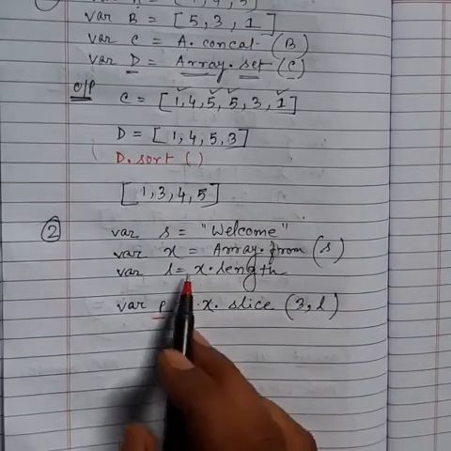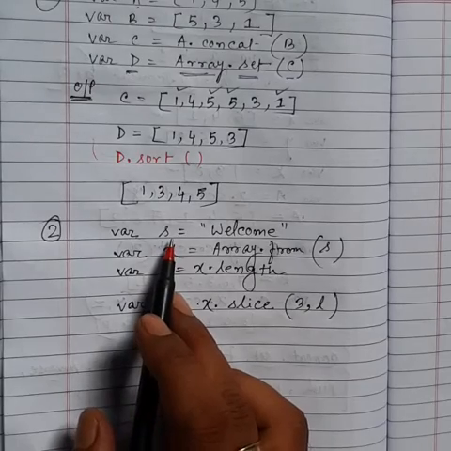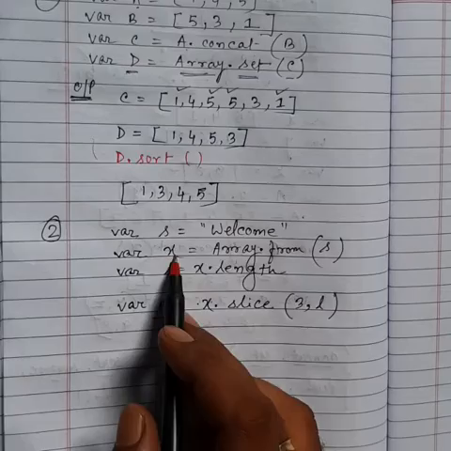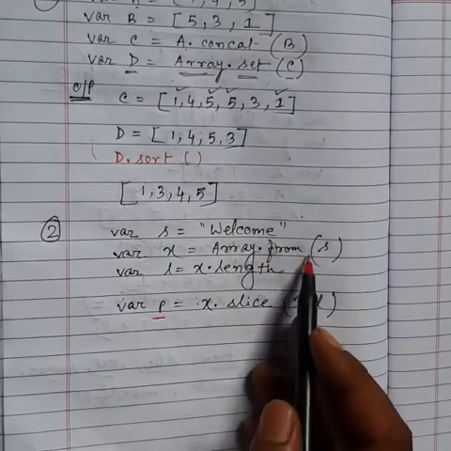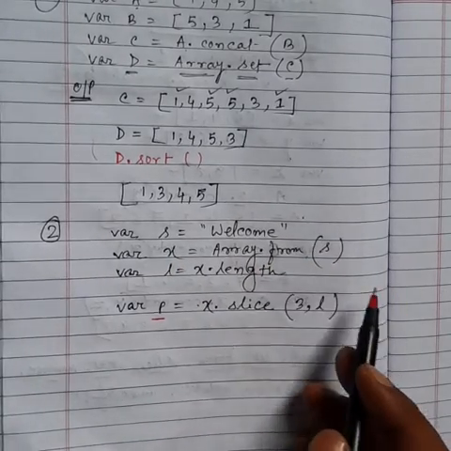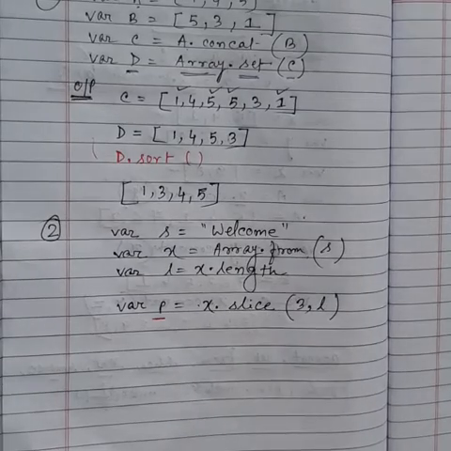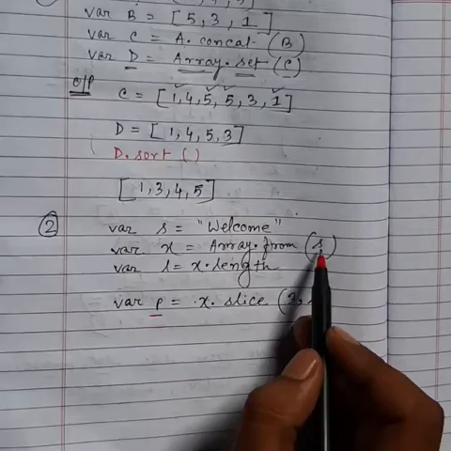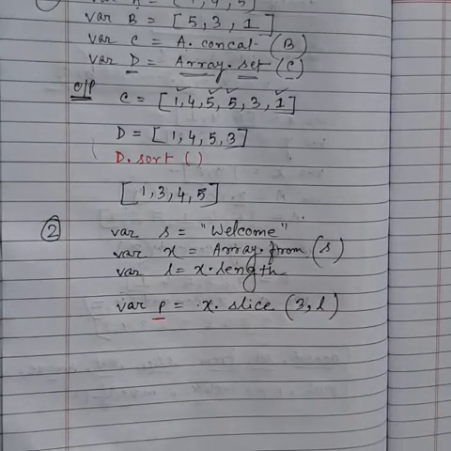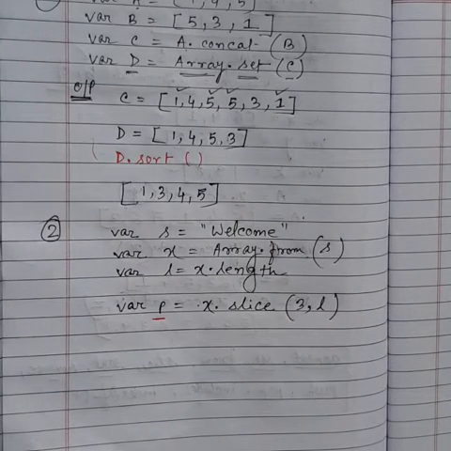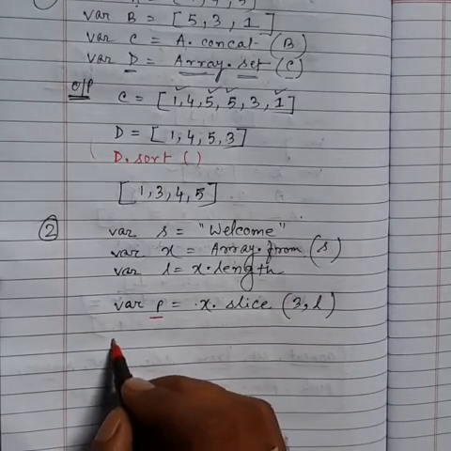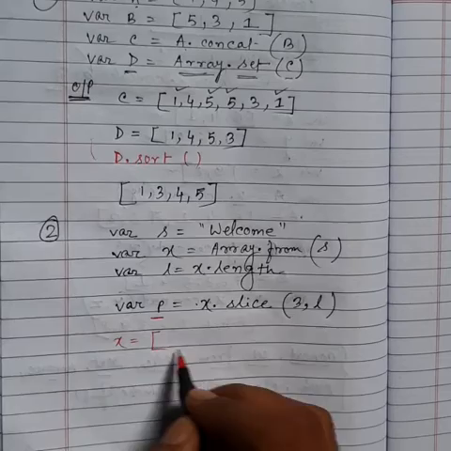At the beginning, the value of s is welcome and x is Array dot from s. That means Array dot from creates an array from s. So how will the array be formed?